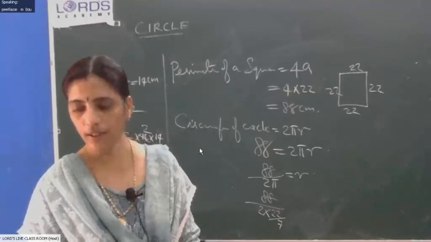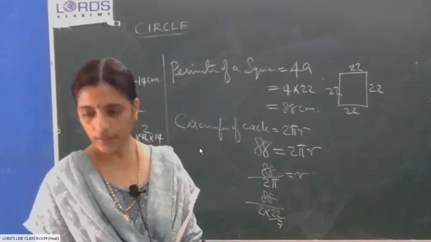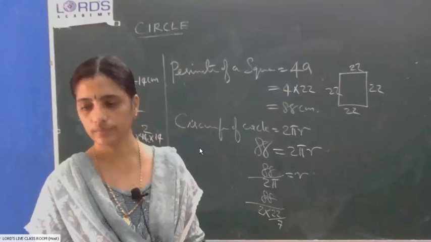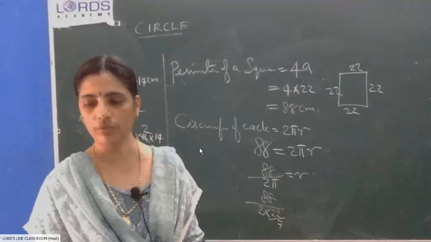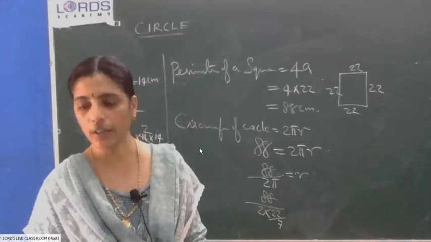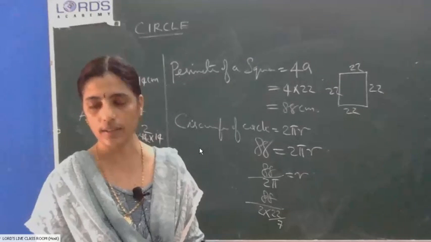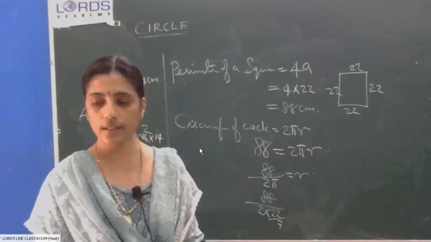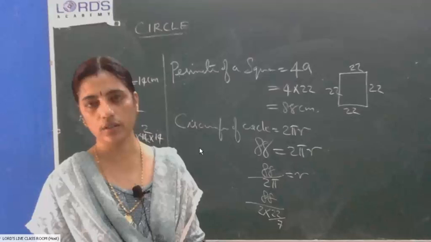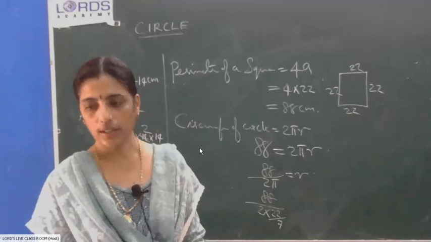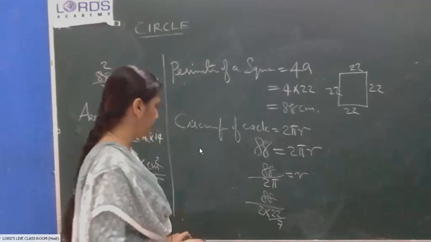Next question. In the given figure, inner circumference of the path is 176 meter.